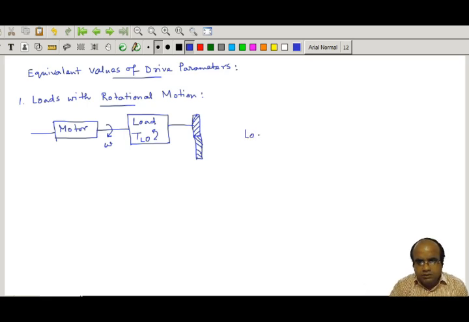Another load is connected, load of TL1. Now if the load torque is zero, the speed is in this direction, the shaft is rotating in this direction, omega is rotating in this direction.